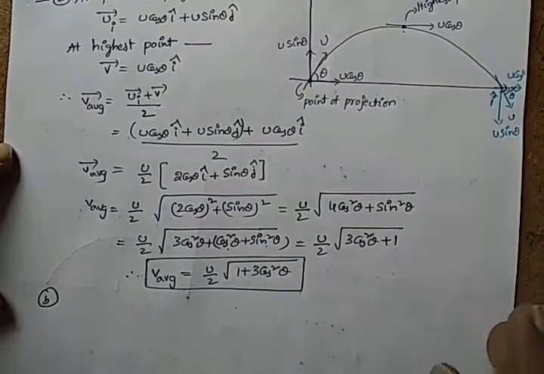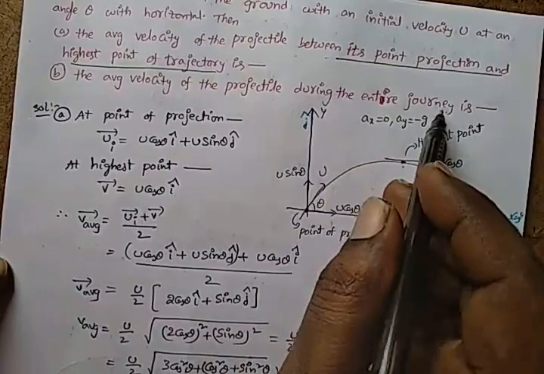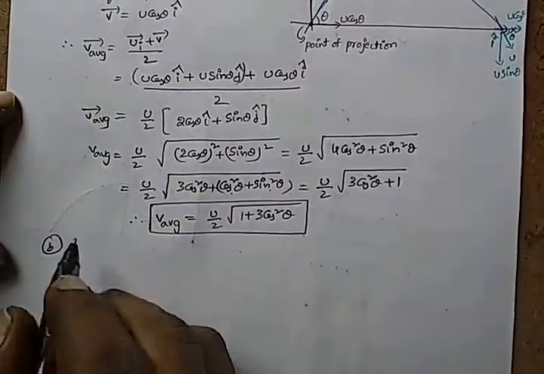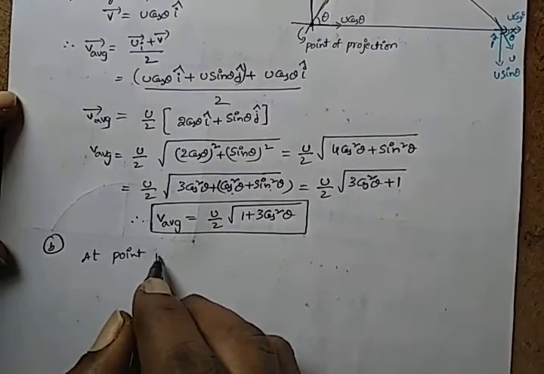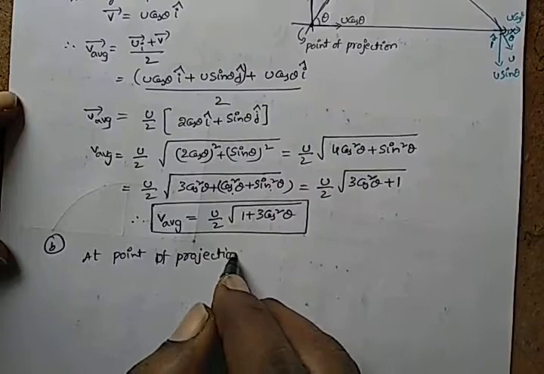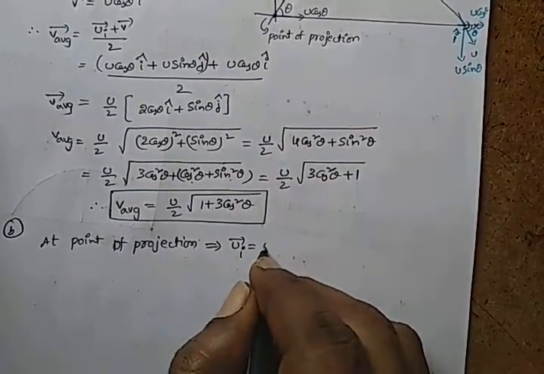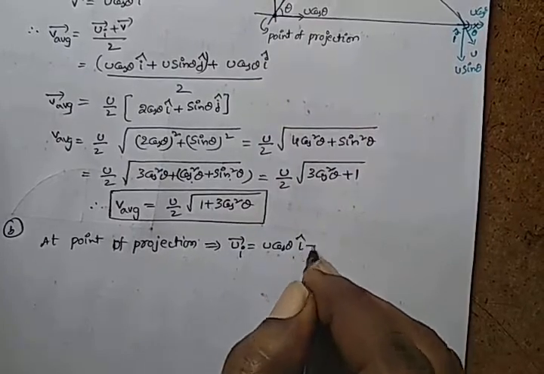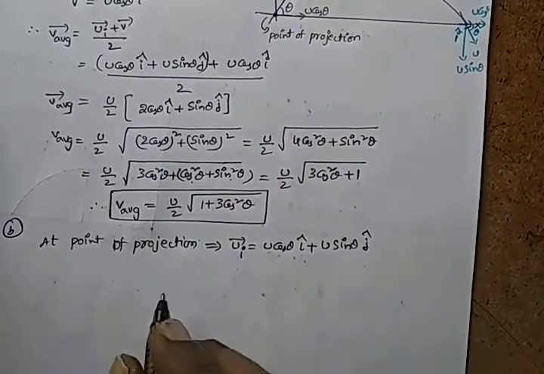Now here the second question is average velocity of the projectile during entire journey. Okay, so at point of projection, initial velocity vector is given by u cos theta i cap plus u sin theta j cap.